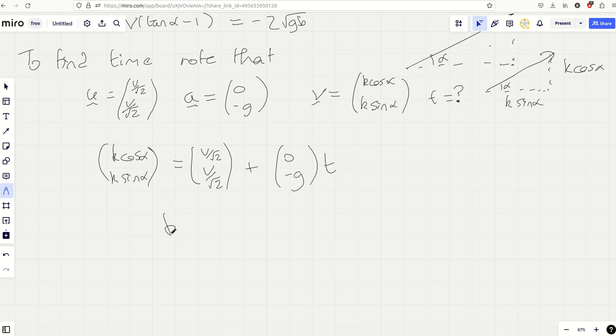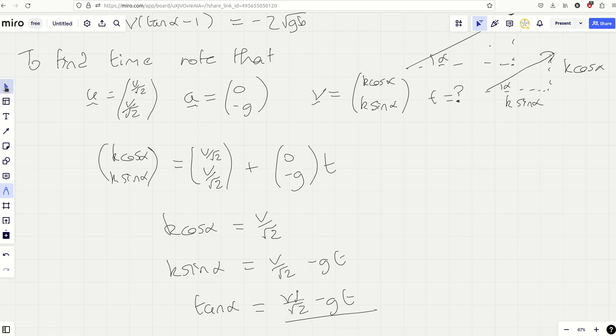So in other words, k cos alpha is v over root 2, that's cool, whereas k sine alpha equals v over root 2 minus gt. If we divide these two, we get rid of the k's and we end up with tan alpha is v over root 2 minus gt, divided by v over root 2.